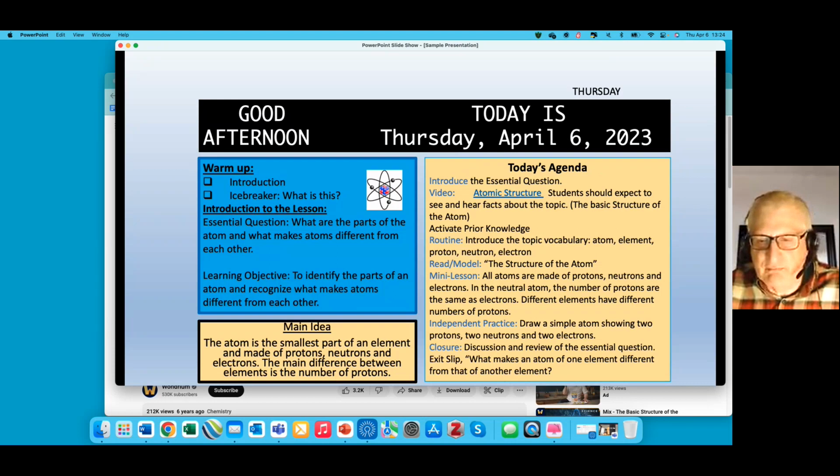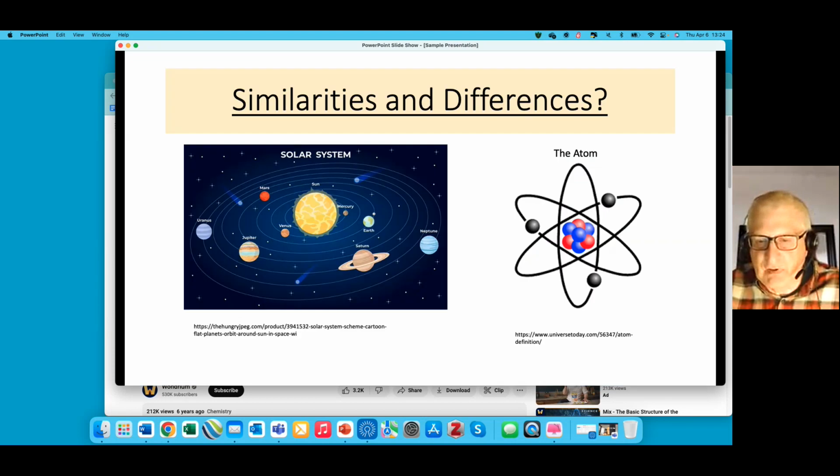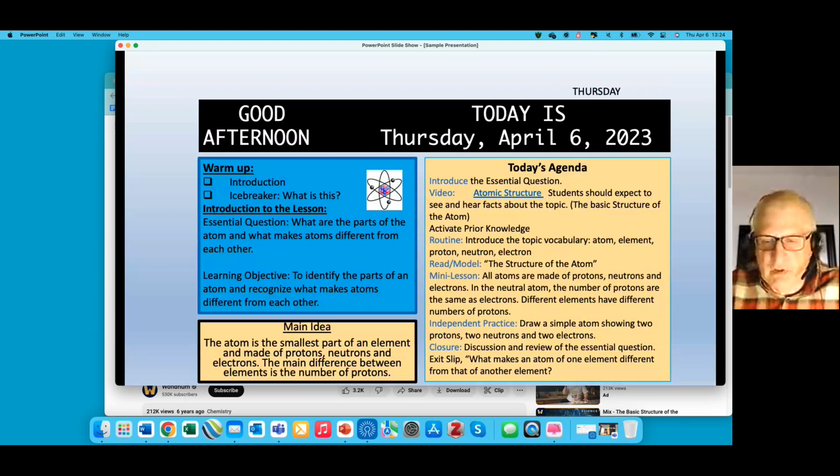So that may be in the form of this model on the right-hand side. That'll be fine. And then for your final exit, please answer this question. What makes an atom of one element different from that of another element? Okay, that's your exit ticket.